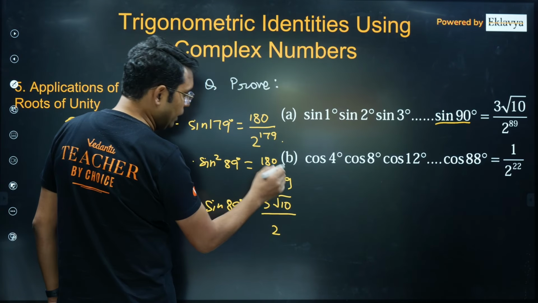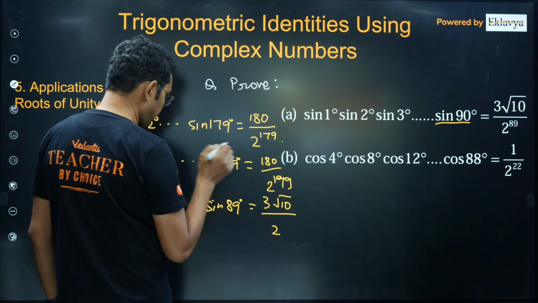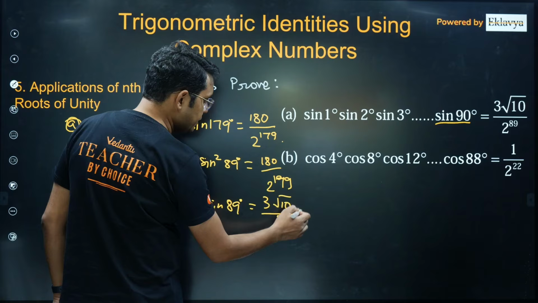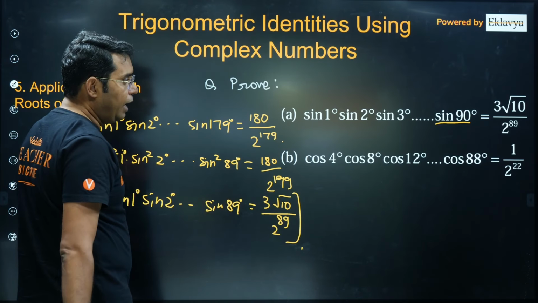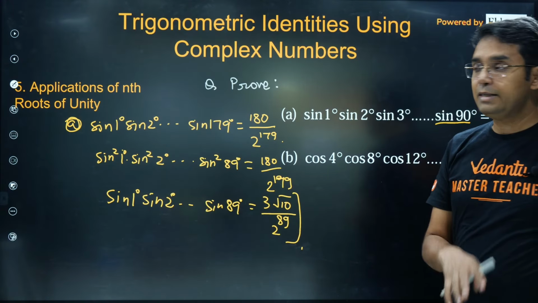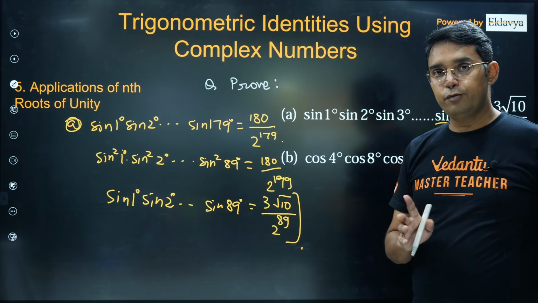So this will be 2 power 178, and you take the square root, so the power will be 2 power 89, and this is done. I will not say that you remember this formula, but I will definitely say you should know how it is coming from.